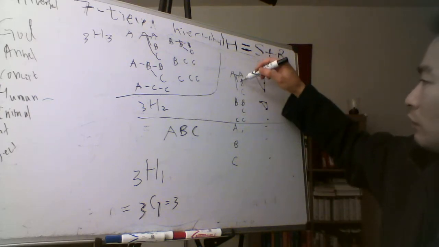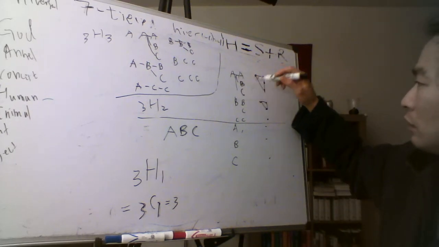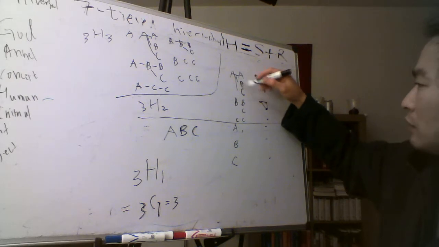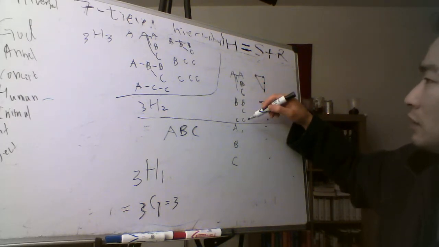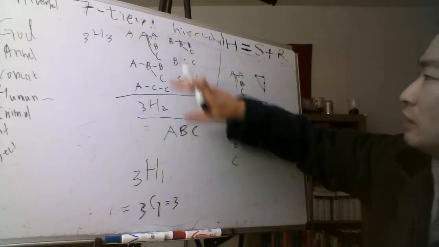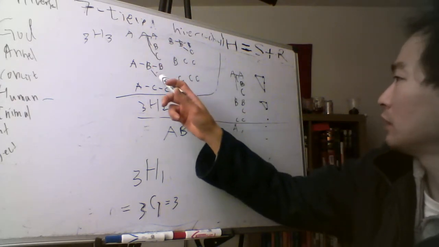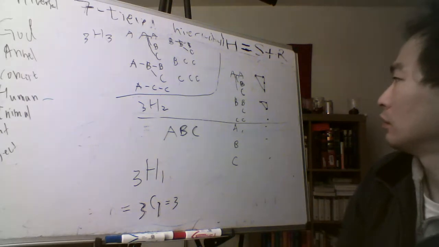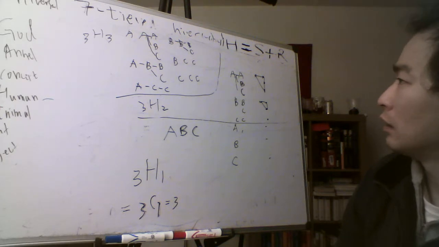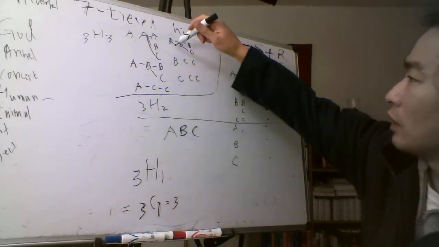This picture, you have AA, AB, AC, BB, BC, CC. That picture is now being repeated right here. You see, AA, AB, AC, BB, BC, CC. Yeah, you can see it that way.